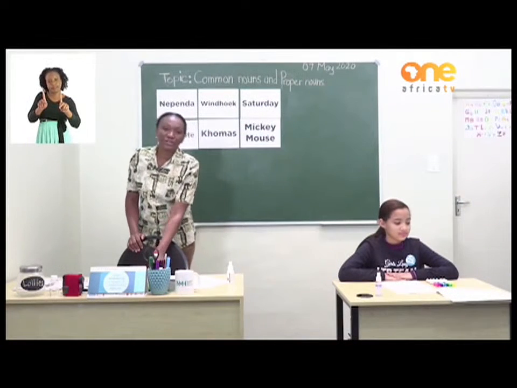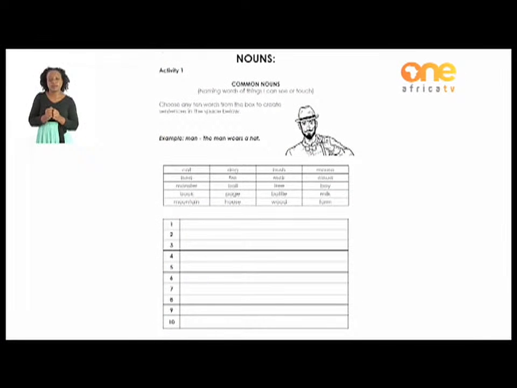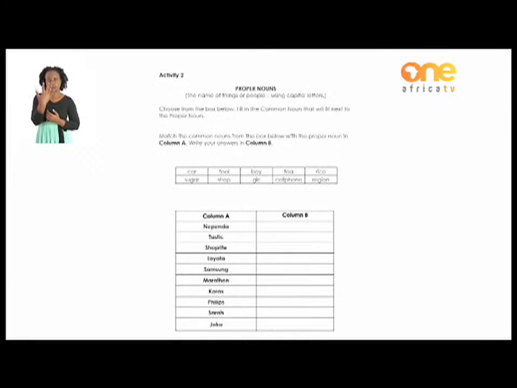Okay, I want you to look at page 4. On page 4, there is an activity that you're going to do. Okay, I am not going to go through it. We are going to move on to page 5. Now, on page 5, we are going to look at the proper nouns.